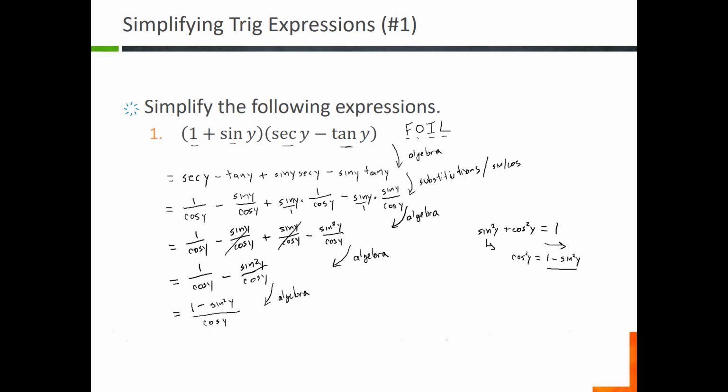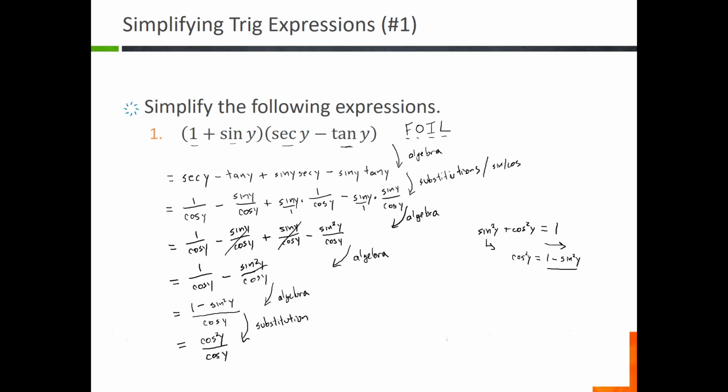I can make another substitution. So I'm going to replace this 1 minus sine squared with just a cosine squared. So this is going to be a cosine squared y over a cosine. So here we just did a step of, not algebra, that was actually a substitution.